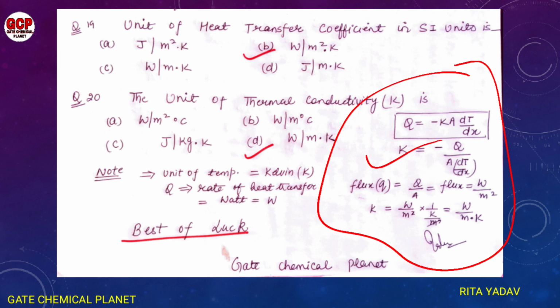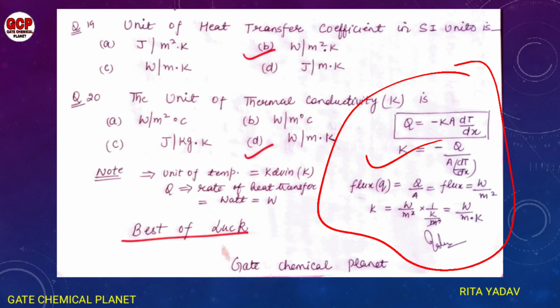K equals minus Q by A into dx by dT, where capital Q by A is known as the flux. Flux is equal to small q, where capital Q is the rate of heat transfer per unit area. The unit for capital Q is watt and for area it is meter square.